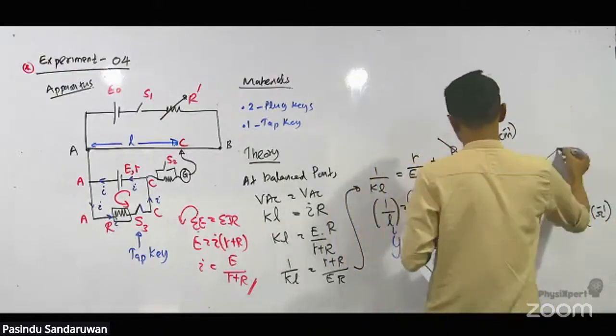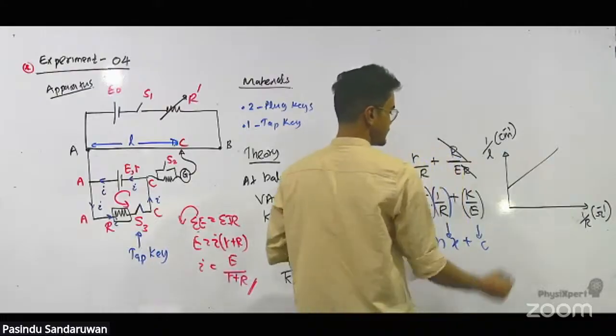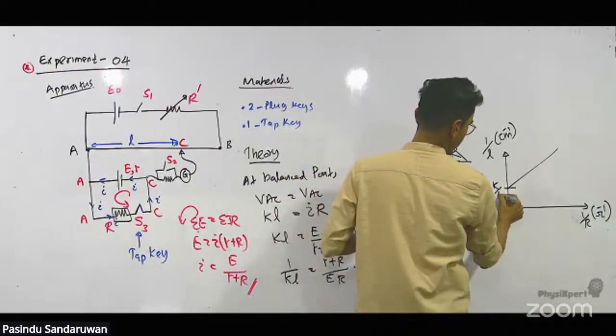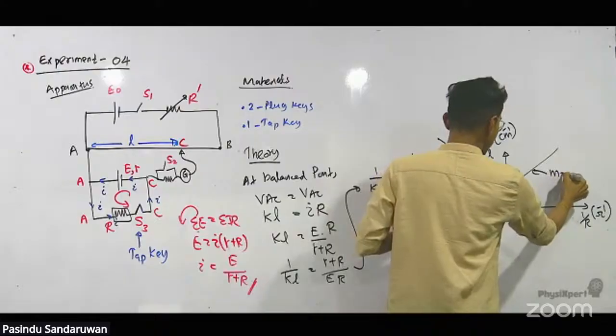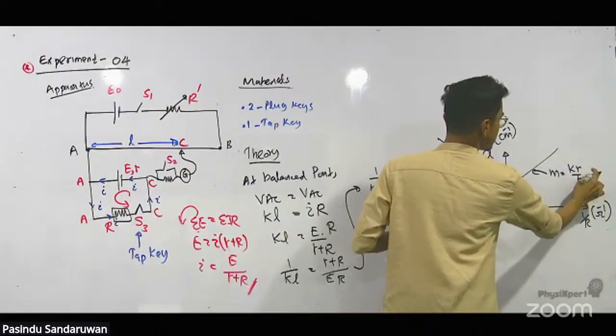The intercept is K over E, and the gradient of the graph is Kr over E.